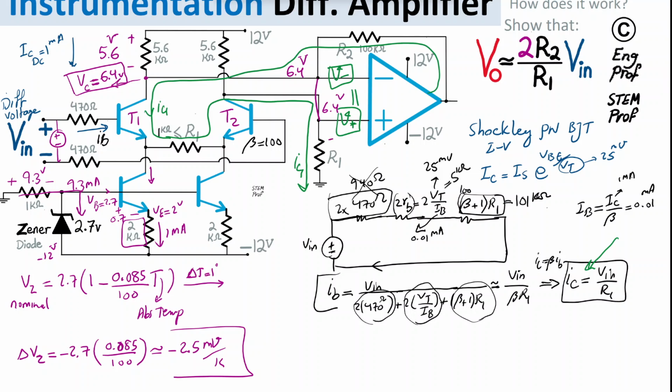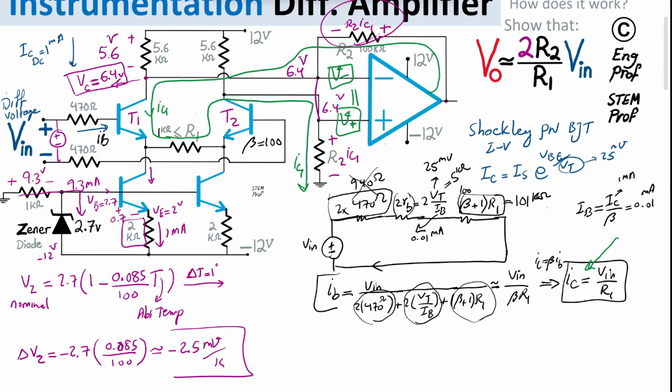So if the voltage drop here is R2 IC1, then the voltage drop here is also R2 IC1. And so at the output of the circuit, the total voltage with respect to the AC ground is R2 IC1 plus R2 IC1, because as I said, these two nodes are effectively virtually short together.